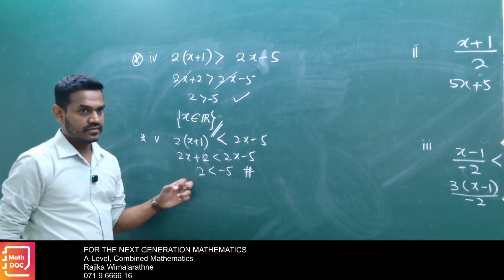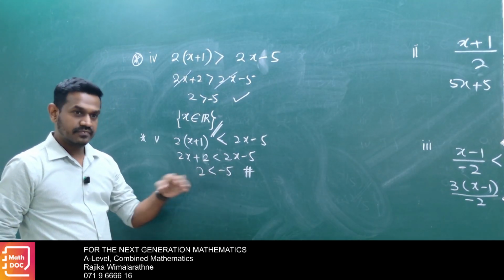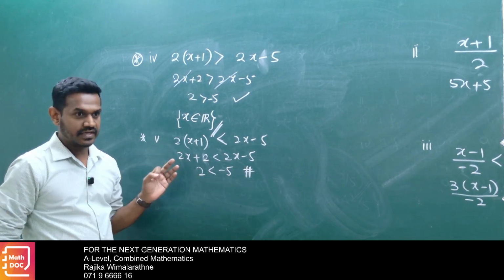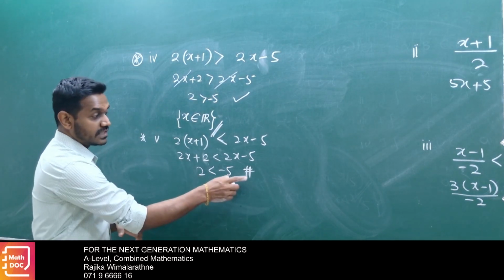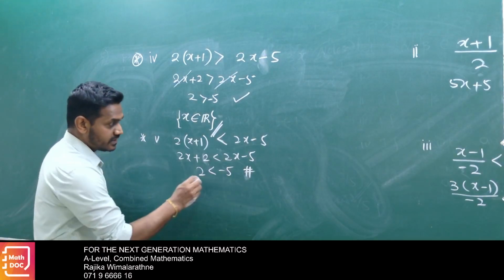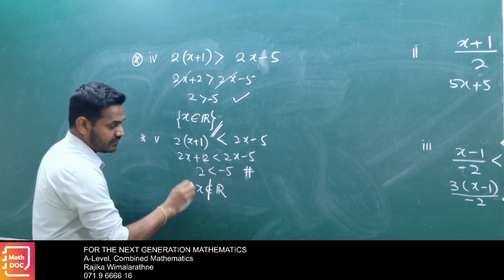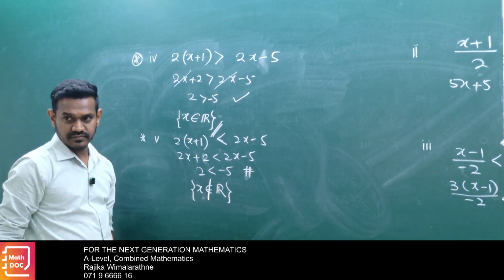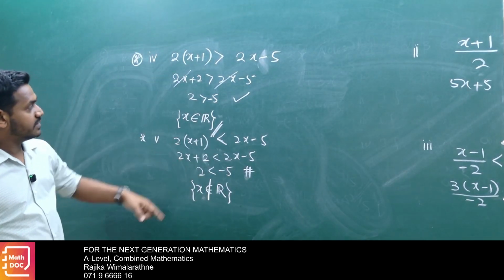That means we don't have any x value for this. So this is a contradiction. Contradiction means it cannot happen. Then the solution set is x is an element of no real value. That's how we do. Okay, these are special cases. Okay, do them.